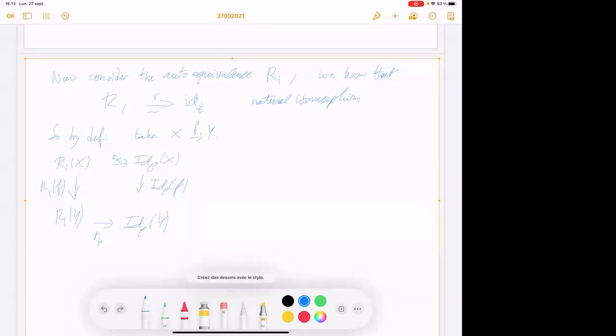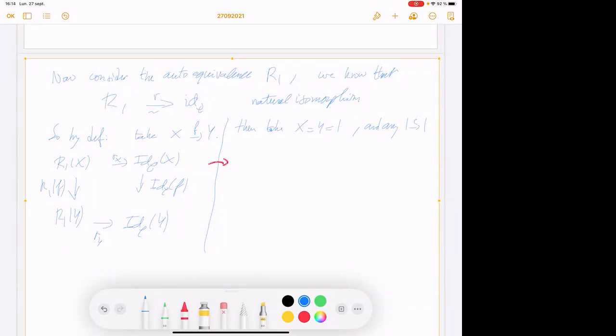And now take x equal y equal 1 and take any morphism C between 1 and 1. And you just redraw this diagram with x equal y equal 1, and then you simplify everything.